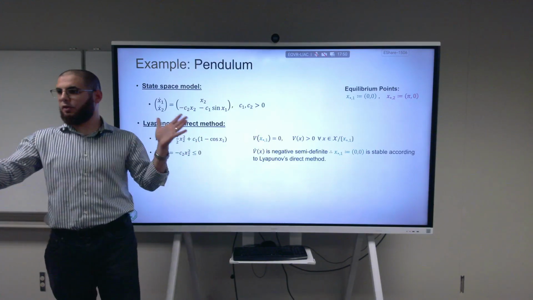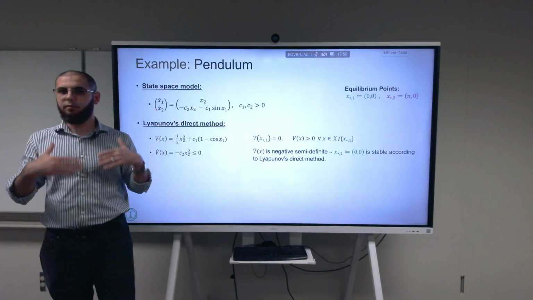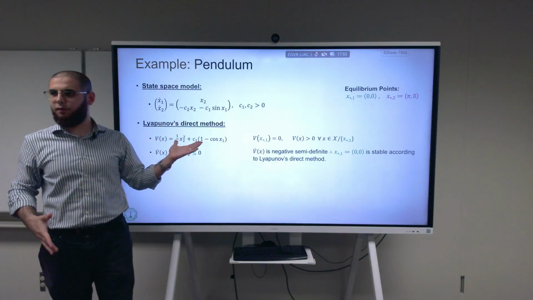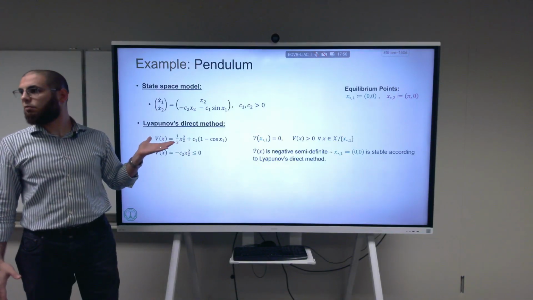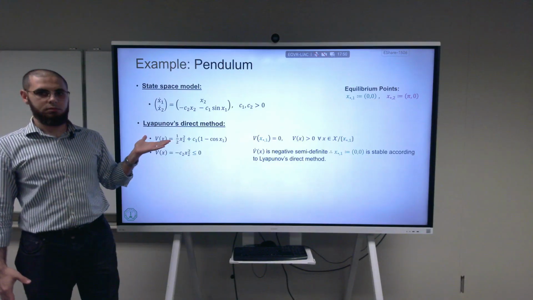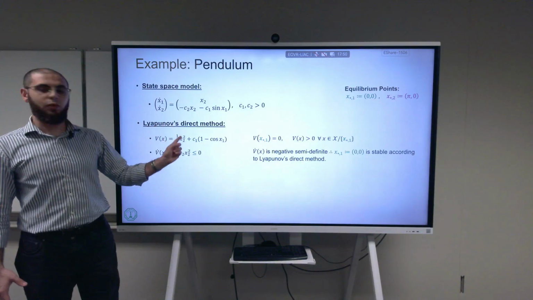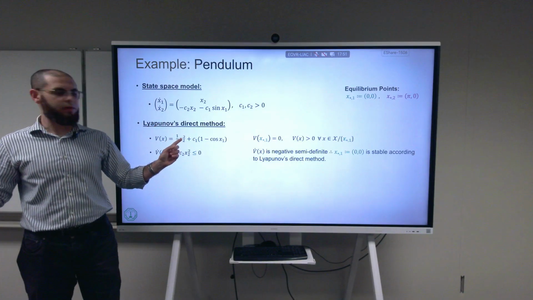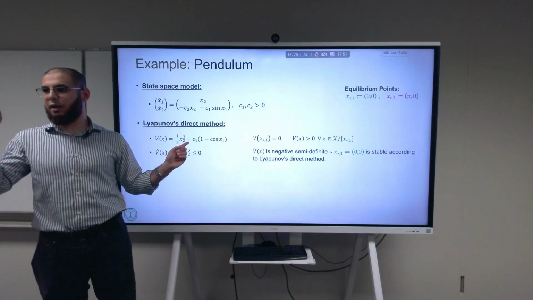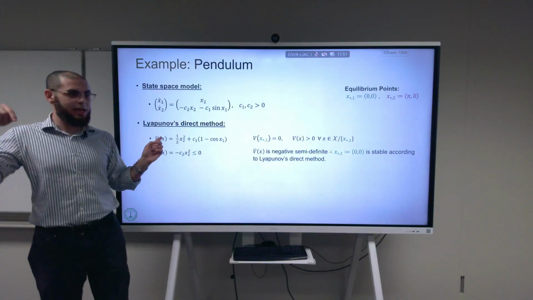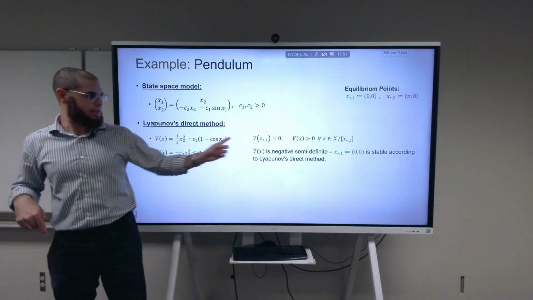But even if you don't think about it physically, take this as just some mathematical function, given like this. Can we show that it's positive definite? So first, this term is quadratic, so immediately it's positive definite. What about this term? First of all, the first thing you need to check always is that V of the equilibrium point you're interested in is actually 0.